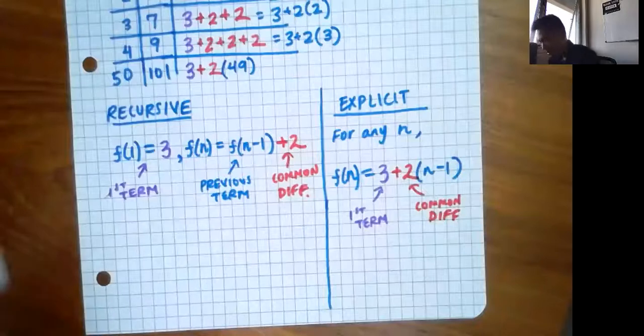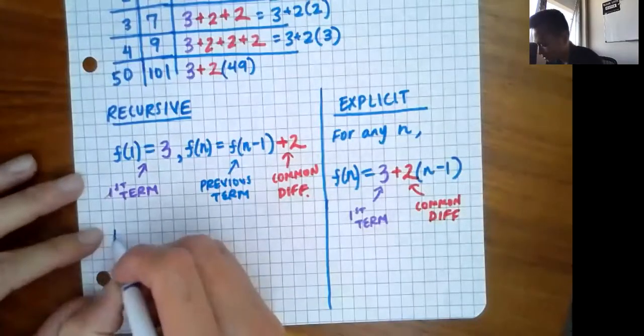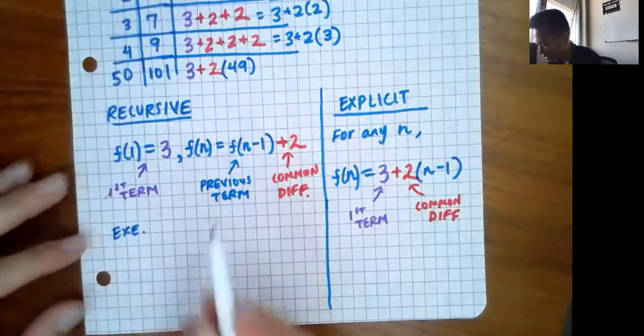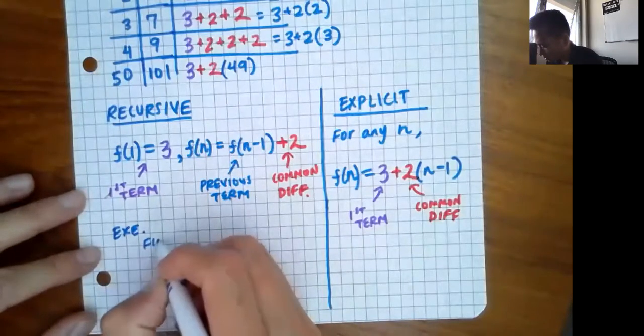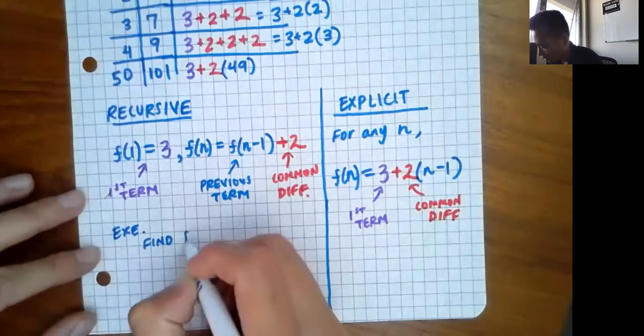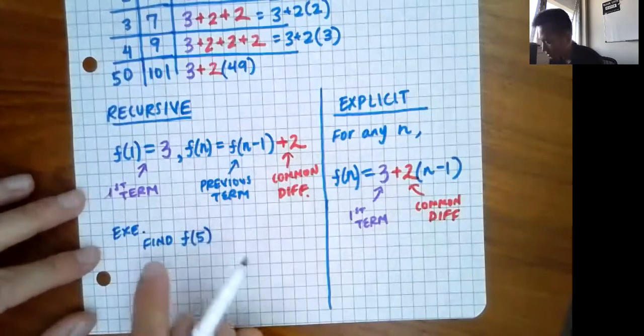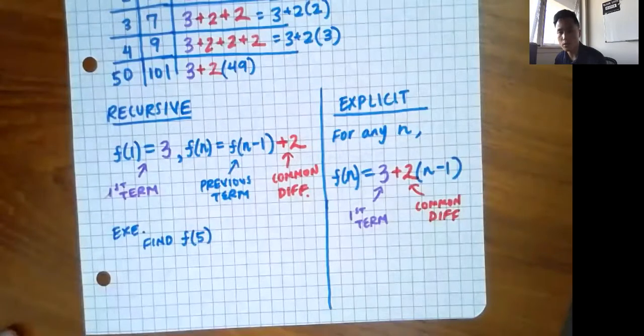Recursive formula. So let's say I wanted to use the recursive formula. This is an example to find f of 5. This is the 5th term in the sequence.